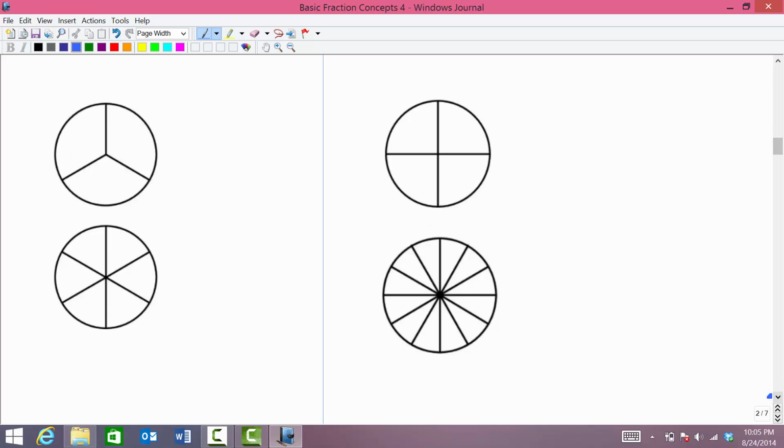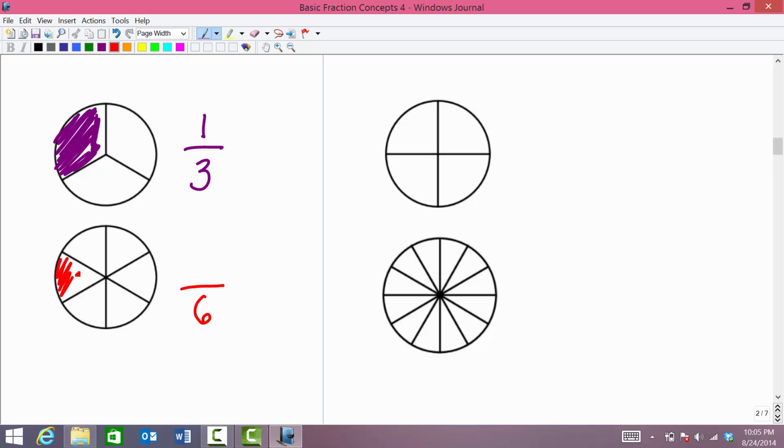Let's form a few other equivalent fractions. Let's say that I decide to shade one of these 3 pieces. That would be 1/3. What would be an equivalent fraction to 1/3? If I have 6 pieces in this circle, how many would I have to shade to be equivalent to the 1/3?